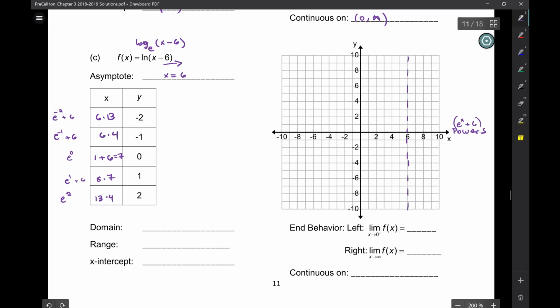So again, when you have an e-related graph, you will have it on the calculator section. Yeah, because all those word problems and stuff, you can't do it without a calculator anyway, right? All right, so basically, when x is 6.13, we're at negative 2, 6.4, negative 1, and then 0, and then 8.7, and then 13.4. It goes off the graph, so this is good enough for me. Okay?